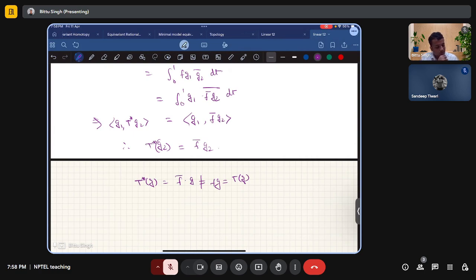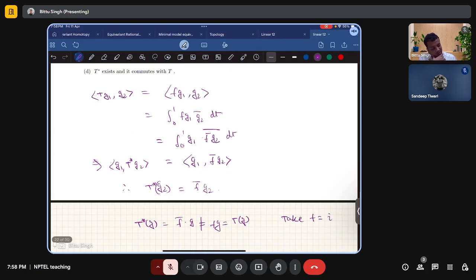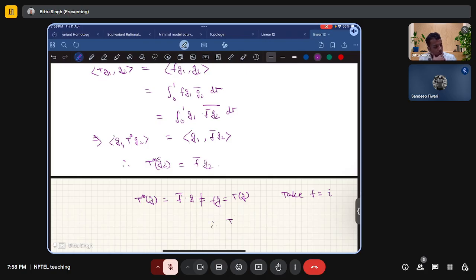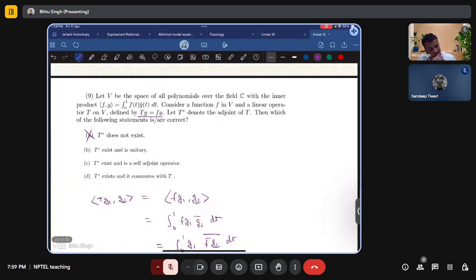For example, take f to be just multiplication by i. So i bar times g is minus i g, and i times g is plus i g. Those cannot be same. Those are two different functions. So clearly T star is not T. So T is not self-adjoint. So this is false.